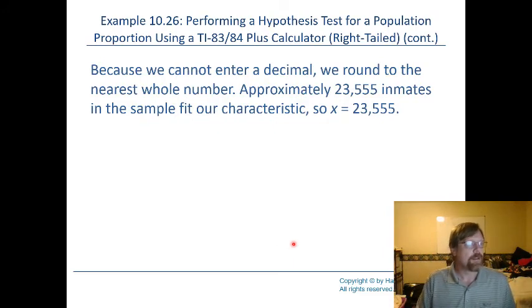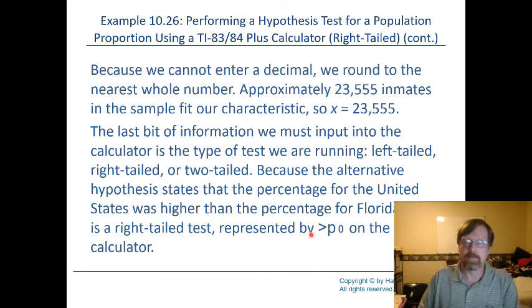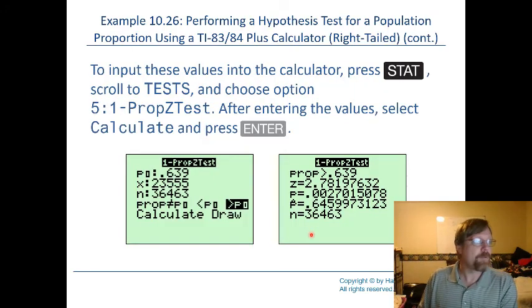So x is 23,555. We presume it is larger, greater than p0, so we're running a right-tailed test. Again, we want the 1-PropZTest on the calculator.